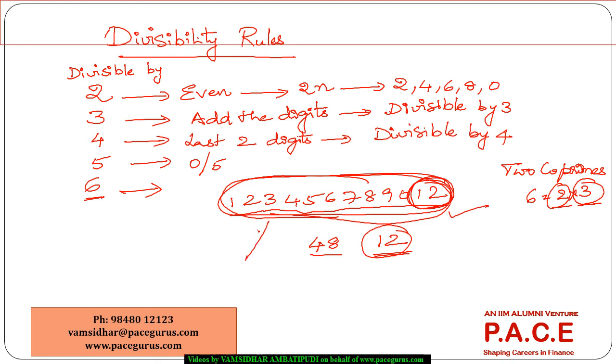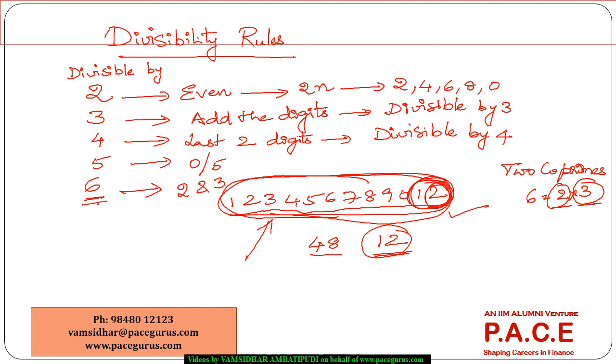So this whole number is divisible by 2 because the unit digit is an even number. It is divisible by 3 because we have added and we have checked that out. So because the number is divisible both by 2 as well as by 3, it is divisible by 6 as well.